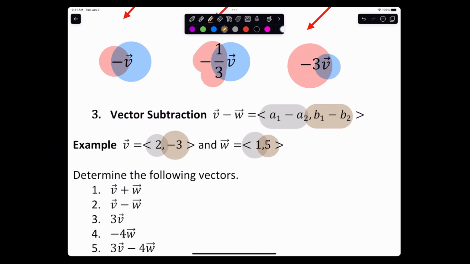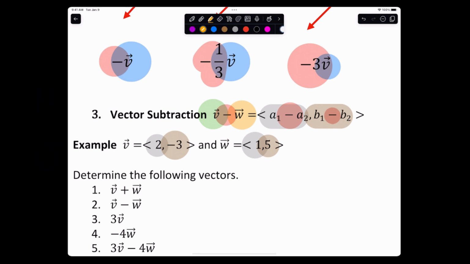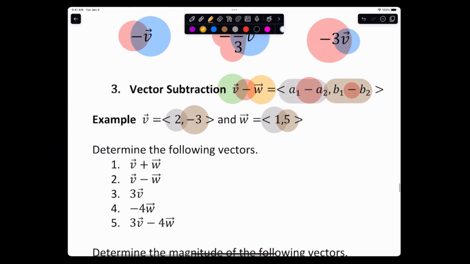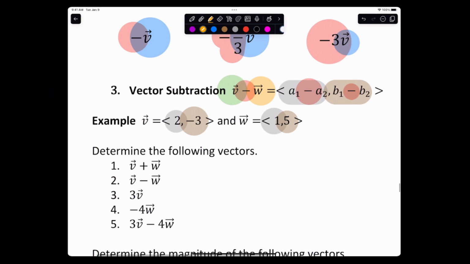And notice the operation is subtraction of the vectors, and that operation will be subtracting of the components. So we have v, we have w, and I'll share with you later graphically what this means when we start to work at some of the applications graphically. So you have vector addition and vector subtraction. We're going to focus here on simply doing some of these operations, okay? You guys see this here?